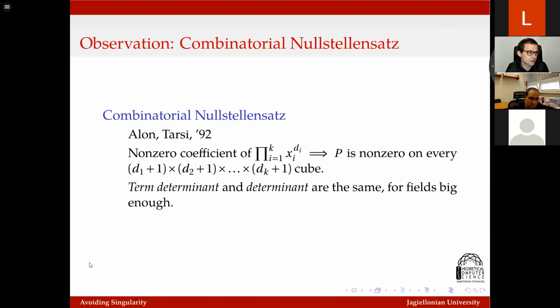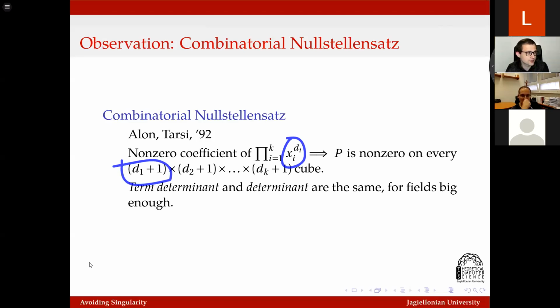So if the polynomial is non-zero, then it has a non-zero value, provided the field is big enough. We need the field to have size at least one more than the degrees of the variables. In our original problem, the variables had degree 1, so combinatorial Nullstellensatz gives us a solution in every field of size at least 2.